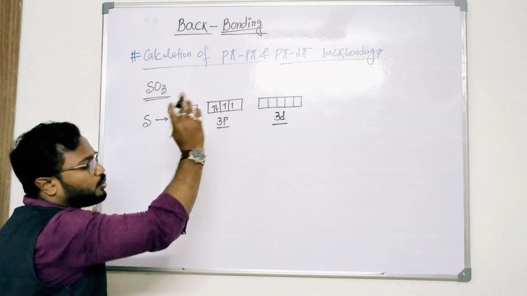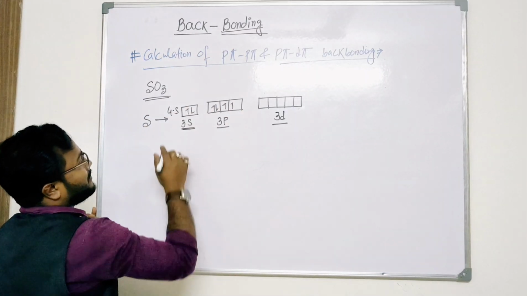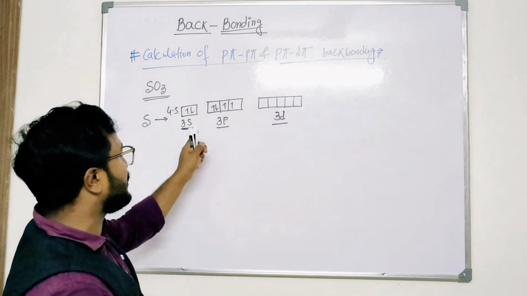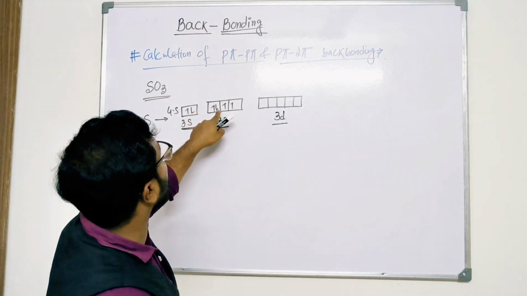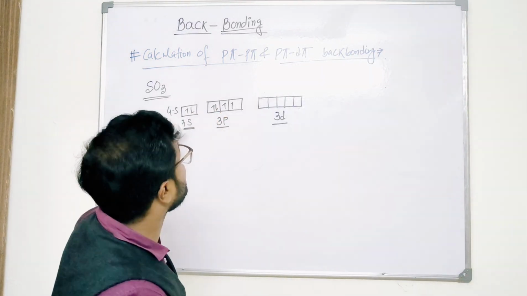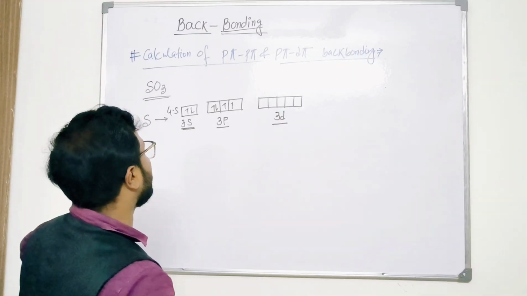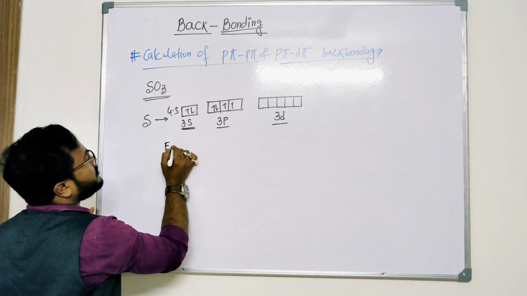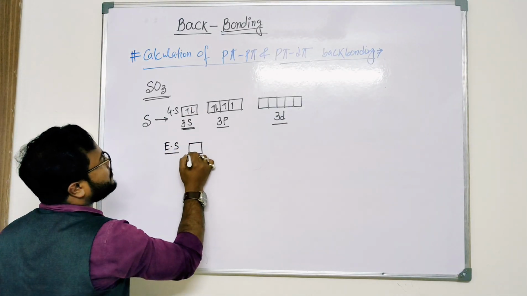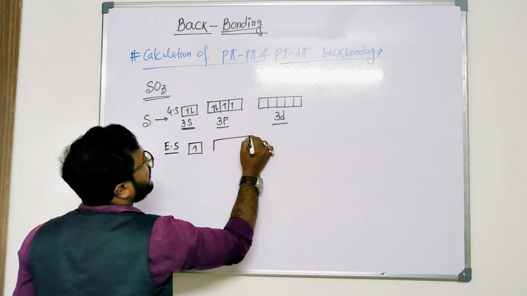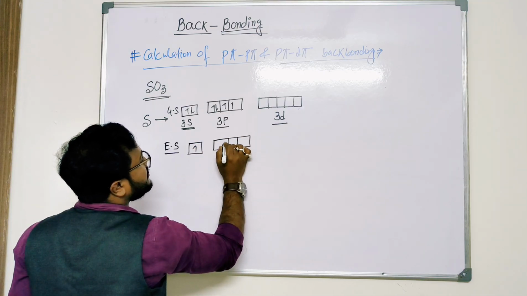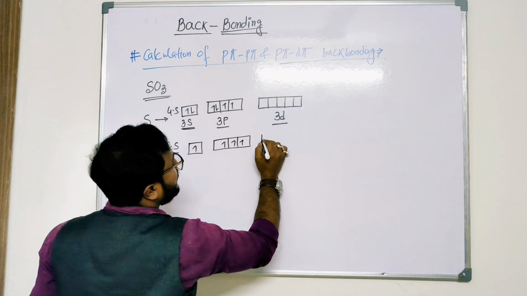In the excited state, electrons jump. Here there are two paired electrons, so these electrons will jump to d orbital. So in the excited state, the arrangement will be like this: 3s and this is 3p.